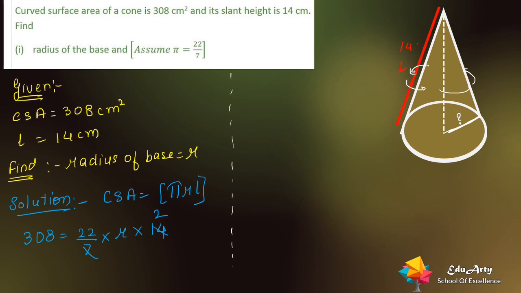Okay, so what are we getting there? Now we have 308 is equal to 44R, correct? I think it's better we write down 2 into 22, it is easy to calculate.